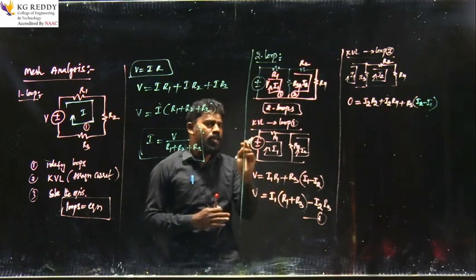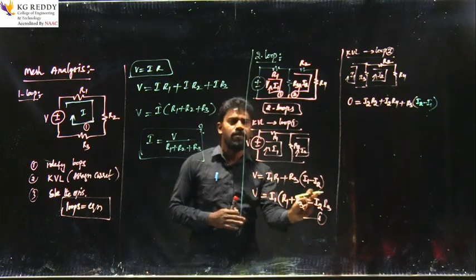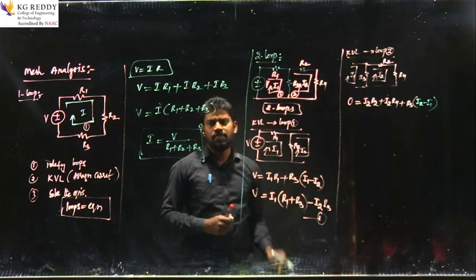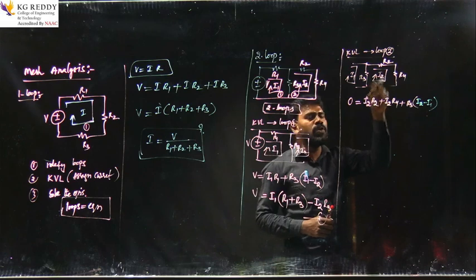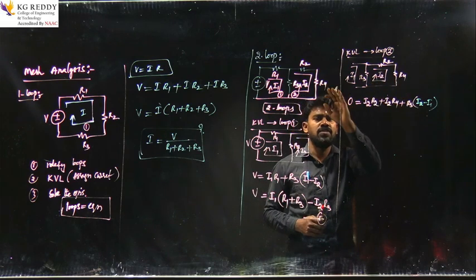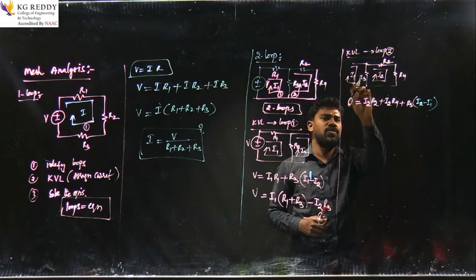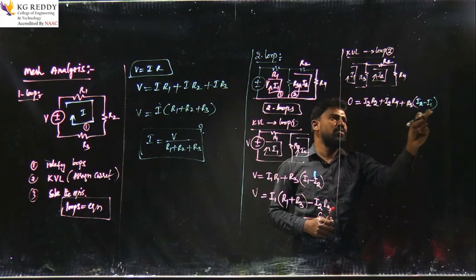We applied KVL to loop 1, that is why you get I1 minus I2 there. Similarly, we applied KVL to loop 2, so loop 2 current is higher, loop 1 current is lower, and higher value minus lower value gives I2 minus I1.